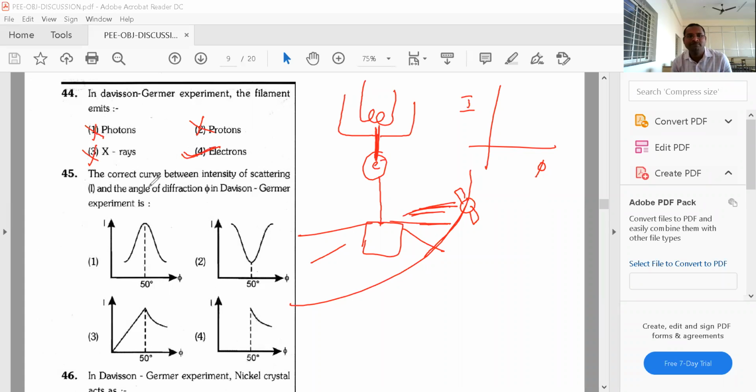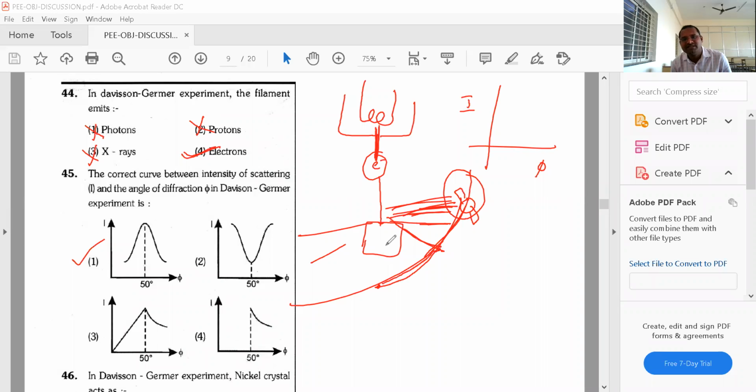Remember the point. Next, the curve representing the scattered intensity I and angle phi in the Davisson experiment is option 1, the right answer. Here, on this side, scattering of electrons will be more, and when it comes here like this, it will become maximum at one particular angle.